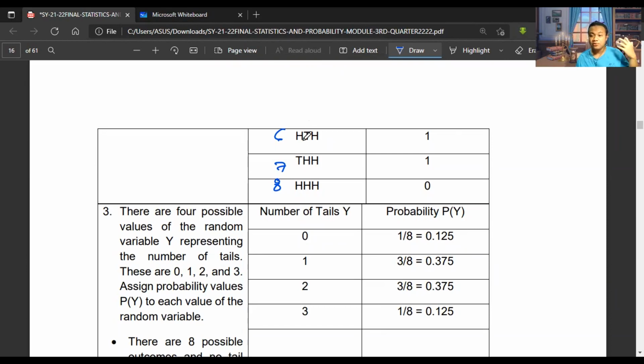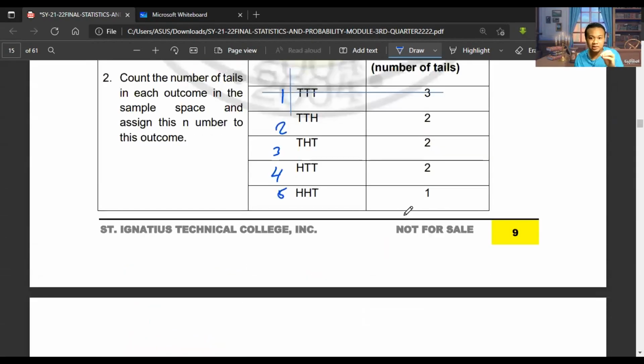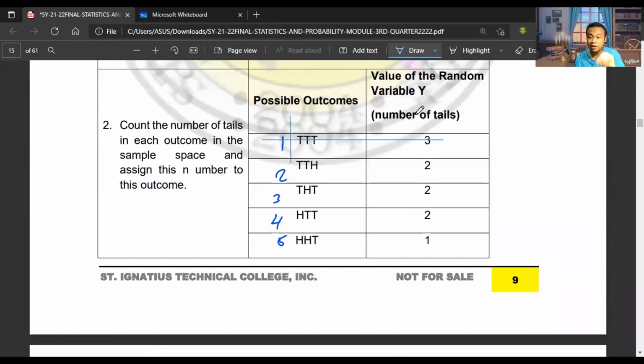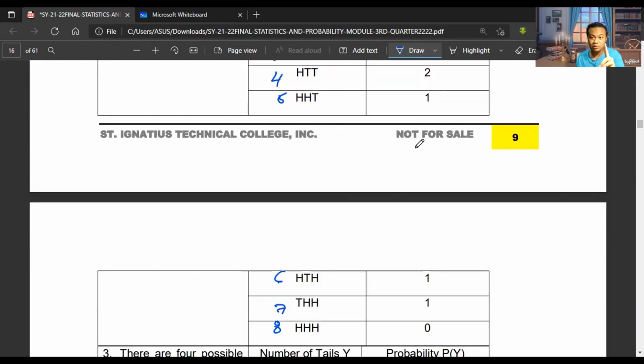Now we will count how many of those outcomes have each number of tails. How often did it happen? For example, for 0, how many times does 0, a value of the random variable, appear?